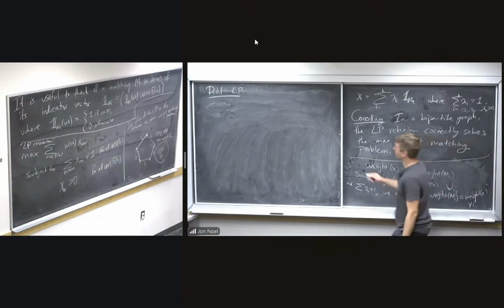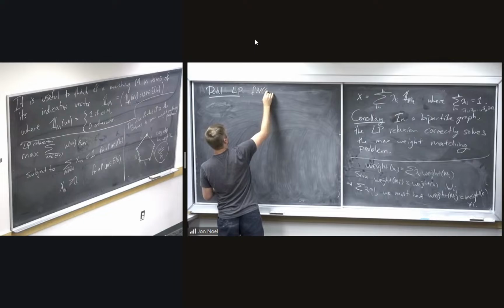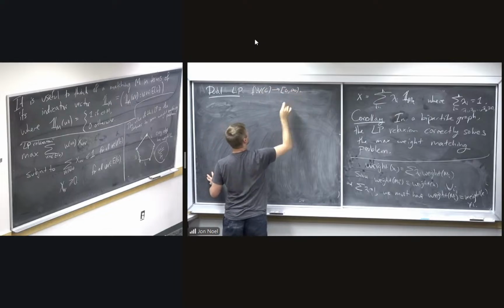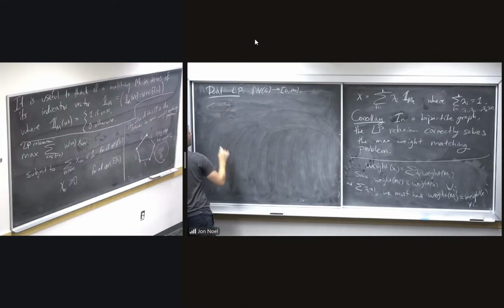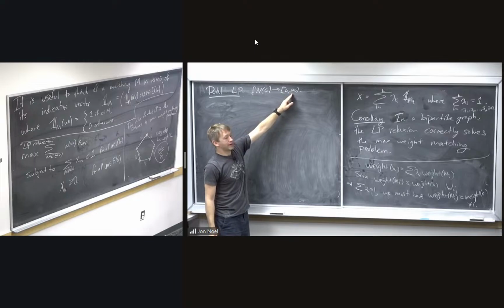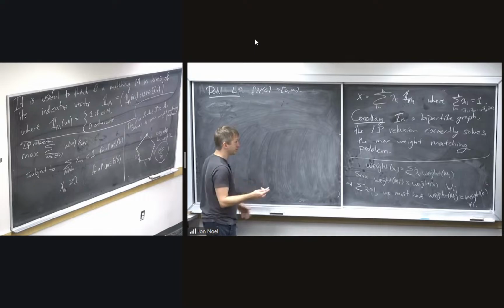So I'm going to represent my variables with a function. So f is a function on the vertices. The fact that I'm mapping to non-negative reals is because of the constraint in the dual.